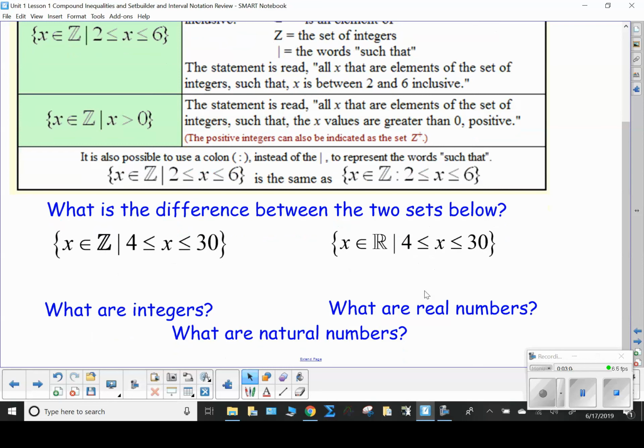They're the positive integers. So these two sets are very different. The one on the left has a finite number of elements. I can count all the elements, 4, 5, 6, 7, 8, etc. The right-hand side, because it includes all possibilities, all decimals, it's an infinite set.